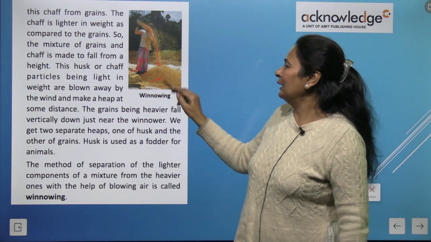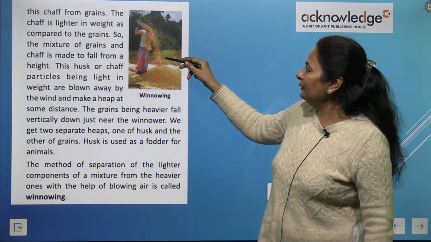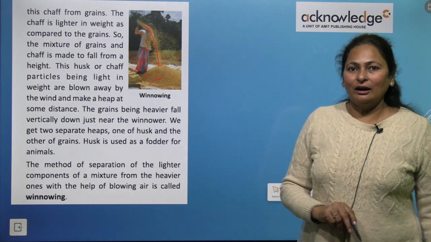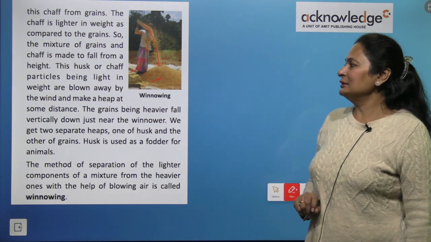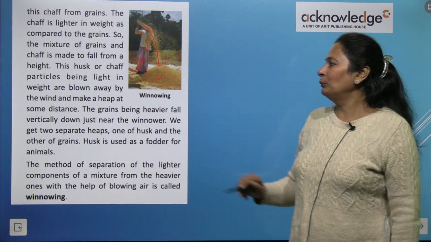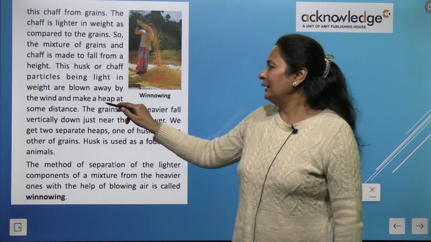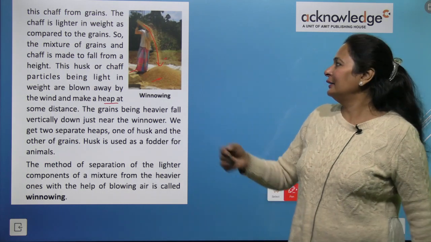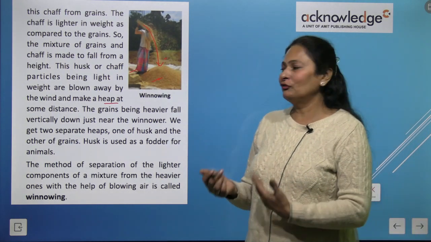So this is the heap of grain and here you will see the chaff, right? From the height, the husk or chaff particles, being light in weight, are blown away by the wind and make a heap at some distance. It is being separated with the help of wind.